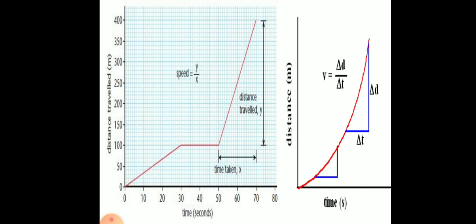Since it is a curve, to draw a triangle, a very small portion of the curve is taken, because a small portion can be considered as a straight line.